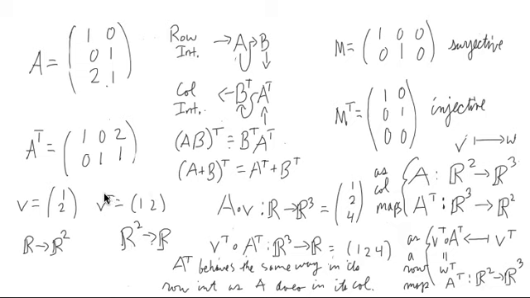All right, let's take a look at a little thought exercise. Vectors, we can think of them as columns or rows. Now, thought of as a matrix, a column is like you input R and you output R2. So you could think of a vector as being a function, as a matrix. You could also think of a row vector as being a function from R2 to R. So it kind of makes sense.